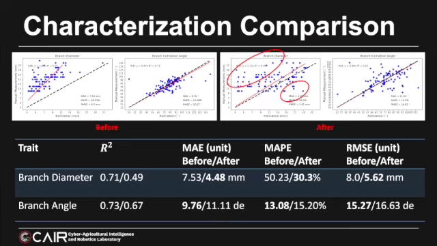And what we found is, first, if you compare the correlation analysis, the slope coefficient is much closer to 1, which means the measurements could be directly used, as opposed to creating correction factors.